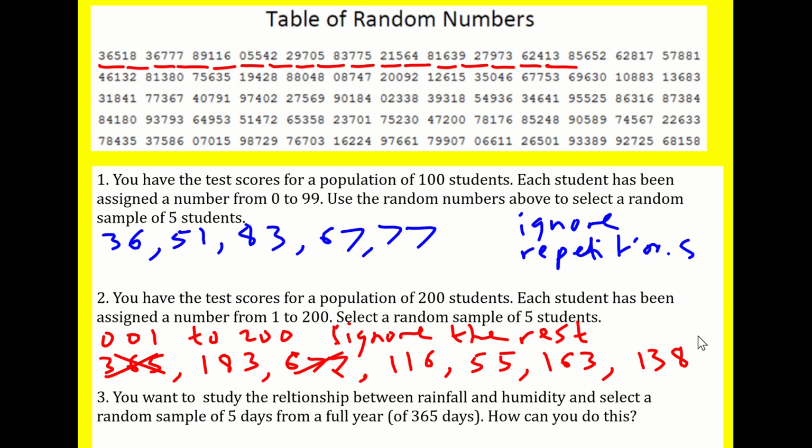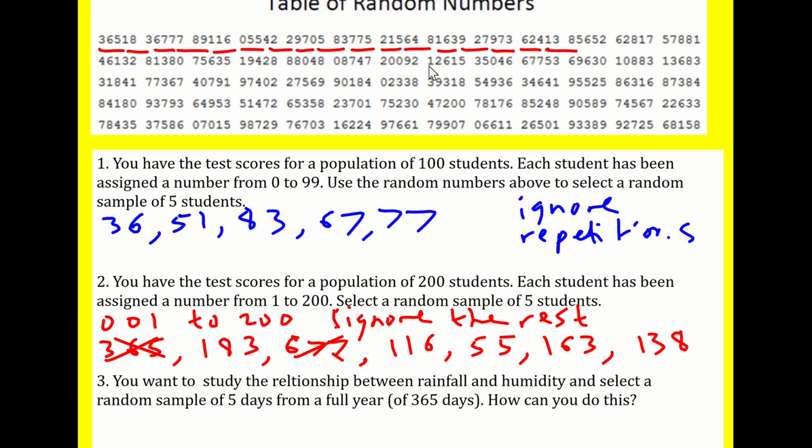You can do that, but you have to be a bit more careful. If you had 199 students, you could do that kind of repetition, but you'd have to not include the numbers right at the end. I hope that makes sense. But for our purposes in A-level, we're not really going to look at that. This is the sort of approach we're going to take.